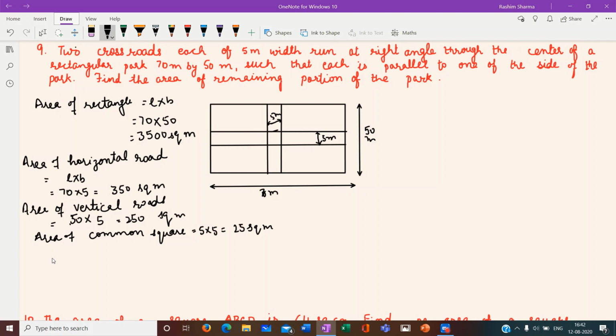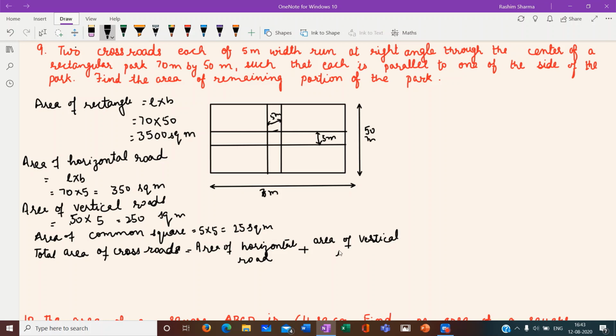Total area of crossroads is equal to the area of the horizontal road plus the area of the vertical road minus the area of the common road.